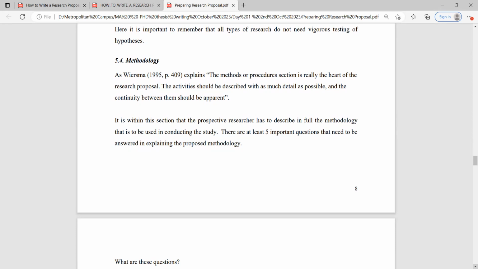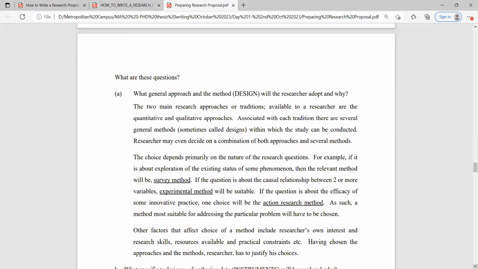So in that tentative methodology, you have to include your data collection methods, whether you're going to use the questionnaire, that means through a survey, or maybe the interview method, or maybe the case studies, or maybe observations, or whether it is quantitative data you're going to collect to see the quantity of it, or qualitative data to see the quality of it, or both quantitative and qualitative.